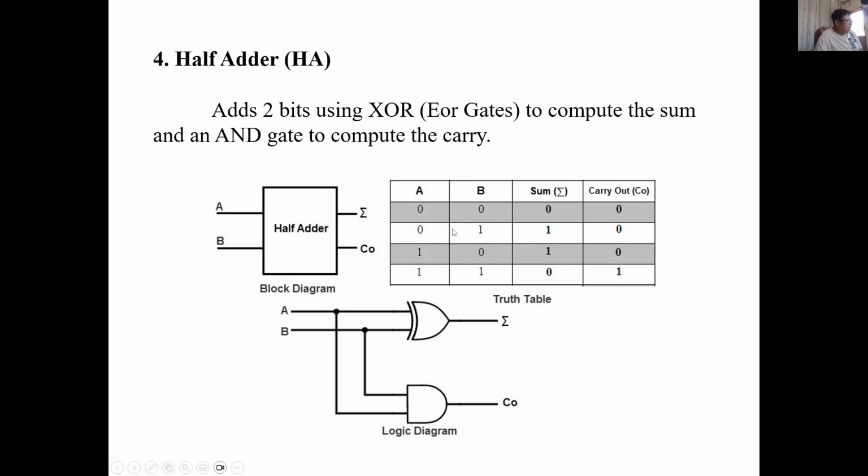If you add 0 and 0, the carry, being an AND, is a 0, and the sum, being an XOR gate, is a 0. 0 plus 1 is a 1, and the carry is 0 because anything ANDed with a 0 is a 0, and an XOR gate will output a 1 if there's a single 1 in the input. 1 plus 0 is 1, and will carry out a 0. And 1 plus 1 is 0 because an XOR gate will output a 0 when both inputs are 1, and the carry is 1 because anything ANDed with all ones will be 1. That's called a half adder.